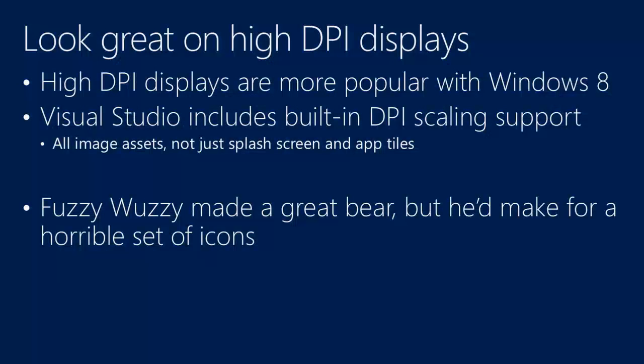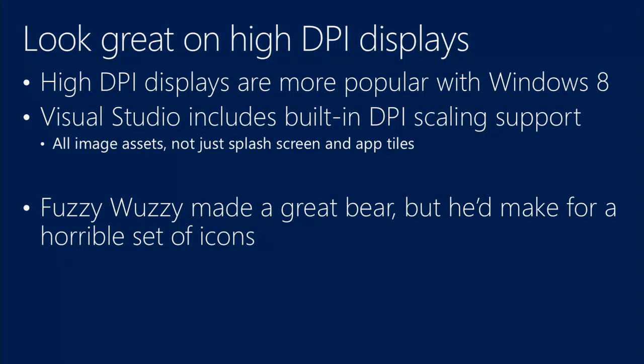Looking great on high DPI displays. This is something that I think is really important. It's very easy for you to skip doing this, but when users are using these higher DPI displays, they're going to see fuzzy icons and fuzzy graphics. It's going to look terrible for them. The higher DPI displays, especially even something as simple as on the Surface Pro, you want to have the crispest images possible.